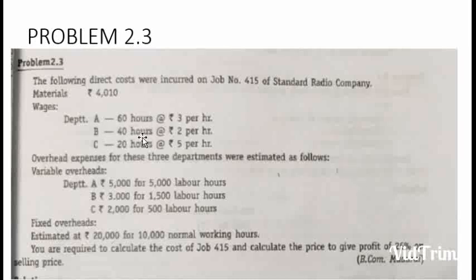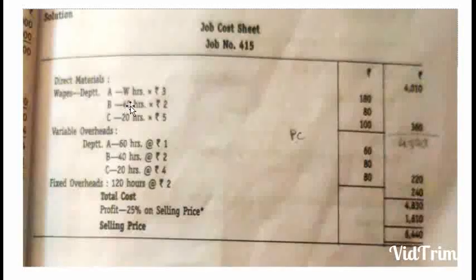In the same way, 40 hours for B and 20 hours for C. They have given the rate, so you multiply and you will get your wages. 60 into 3 gives you 180, 40 into 2 gives you 80, and 20 into 5 gives you 100. So the total is 360.